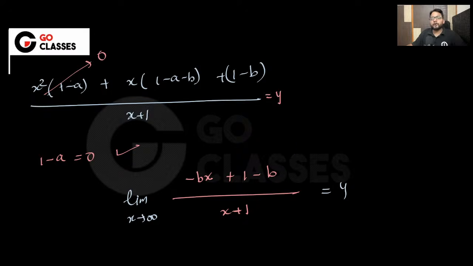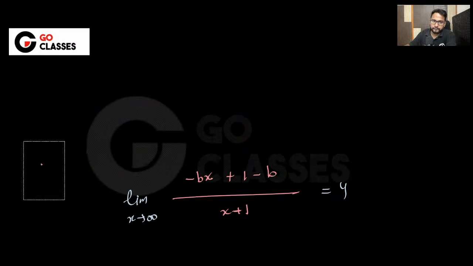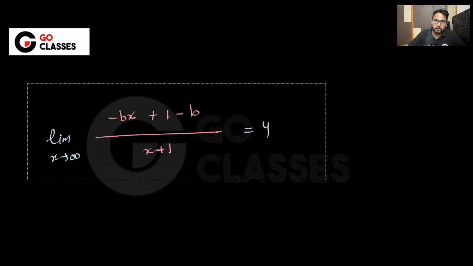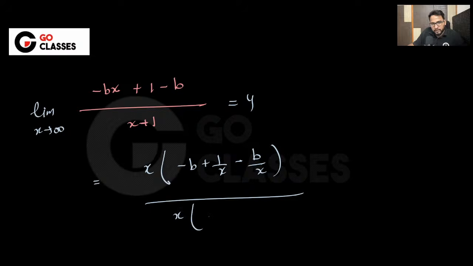Since this is infinity upon infinity form, what is the way to solve it? You take the highest power common in both the numerator and the denominator. So you are going to take this x common, and then this will be minus b plus 1 upon x minus b upon x, over 1 plus 1 upon x.